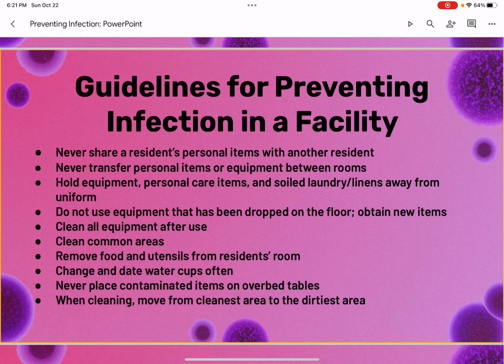Some guidelines for preventing infection in a facility are: never share a resident's personal items with another resident, never transfer personal items or equipment between rooms, hold equipment, personal care items, and soiled laundry or linens away from the uniform, do not use equipment that has been dropped on the floor, clean all equipment after use, clean common areas, remove food and utensils from the resident's room, change and date water cups often, never place contaminated items on overbed tables, and when cleaning, move from the cleanest area to the dirtiest area.